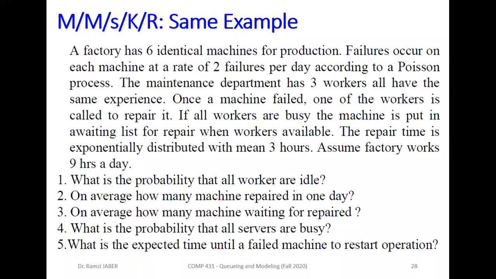On average, how many machines are repaired in 1 day, lambda E? On average, how many machines are waiting for repair, LQ? What is the probability that all servers are busy? What is the expected time until a failed machine restarts operation, WS? Okay, we'll go through the solution.